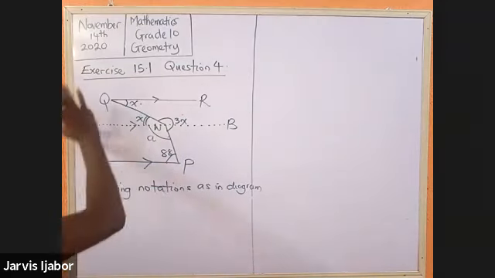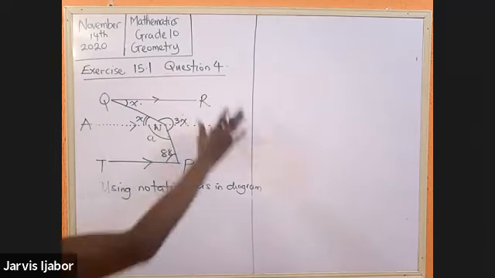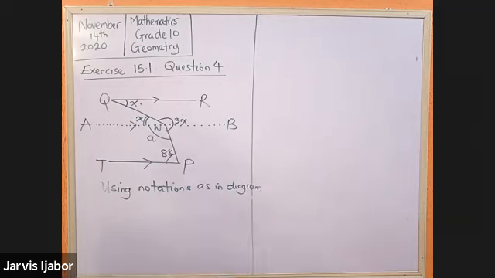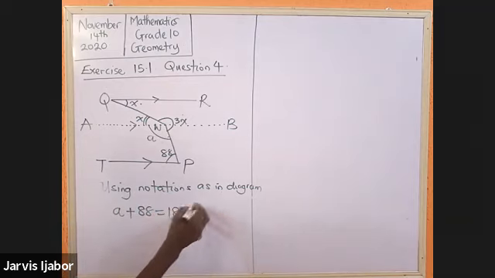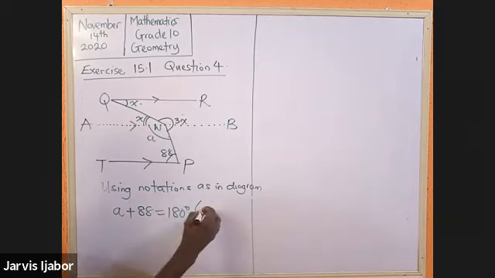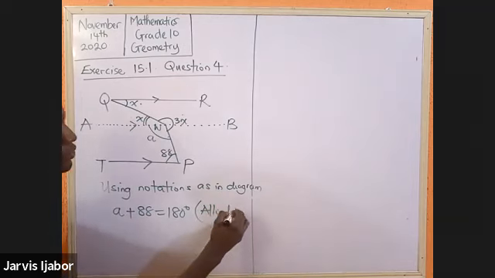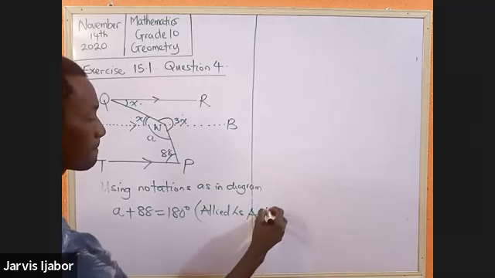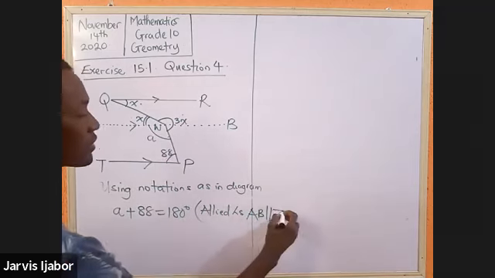And in maths, the diagram you have speaks volumes more than having to write so much. So with this diagram we have, you discover that a plus 88 will be equal to 180 degrees. And what's the reason for that? It's called allied angles. Allied angles, AB parallel to TP.